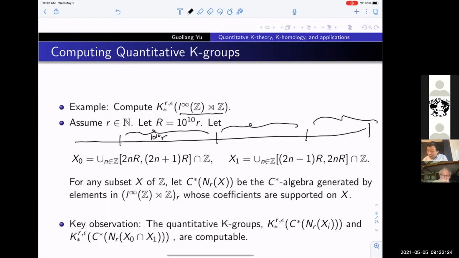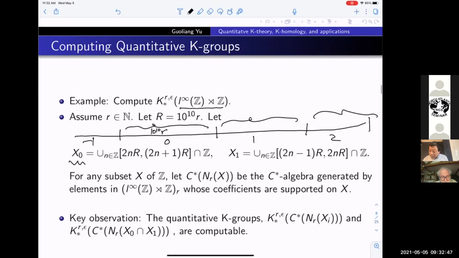I'm just going to cut it into little pieces like this. I label them 0, 1, 2, and so on. I choose X0 to be the union of the even-numbered intervals and X1 to be the union of the odd-numbered intervals.